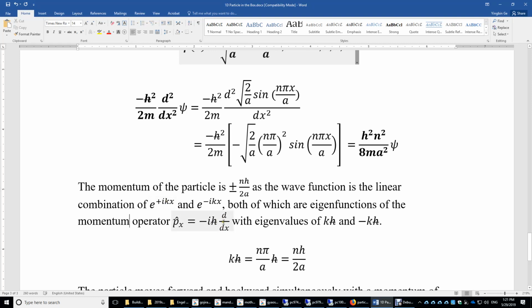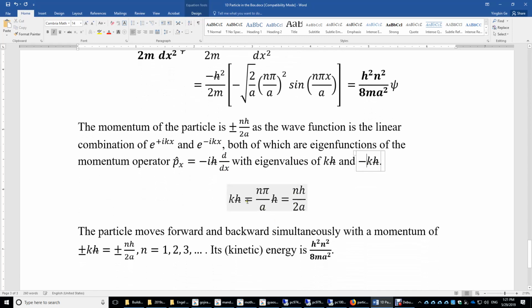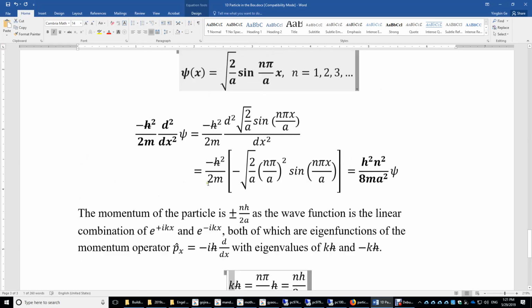You can easily apply this momentum operator to e to the plus ikx, and verify that this is an eigenfunction of the momentum operator with an eigenvalue of positive k h bar, and this one has an eigenvalue of negative k h bar.